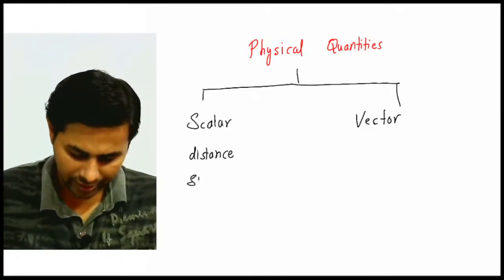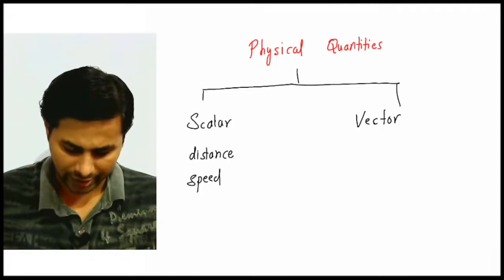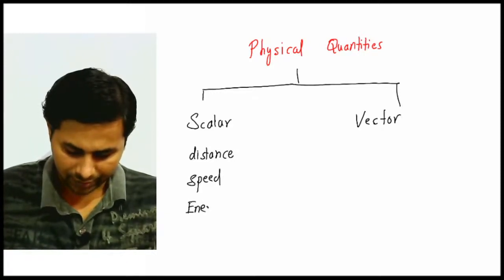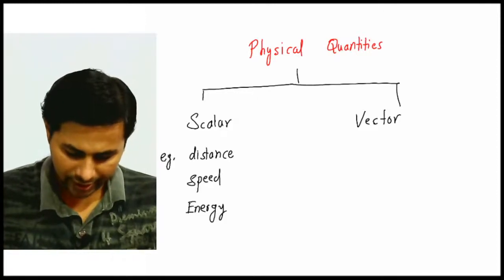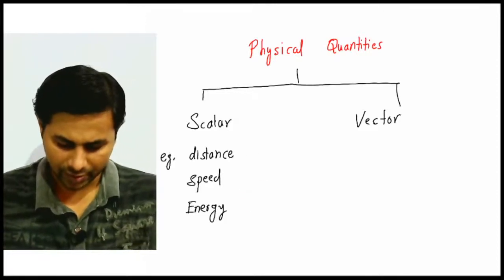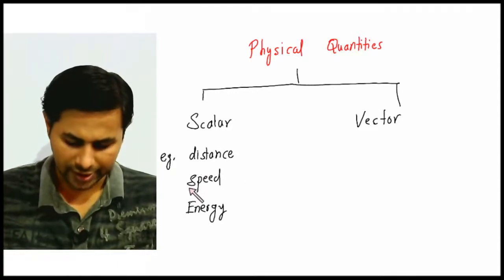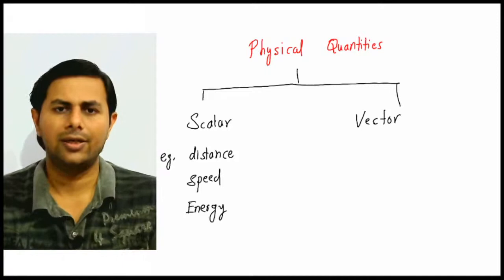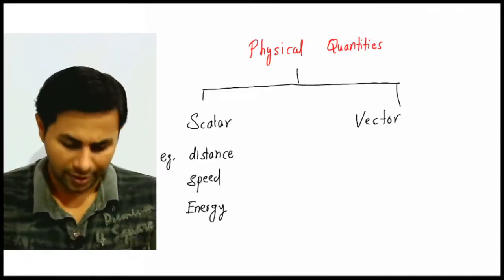Similarly, speed is a scalar quantity. Then energy. So all these are examples of scalars. So these quantities, distance, speed, energy, they have magnitude only and they don't have any direction.